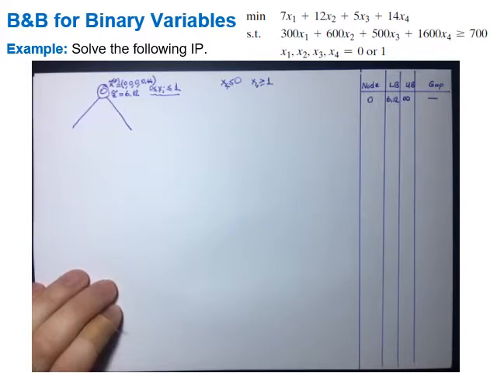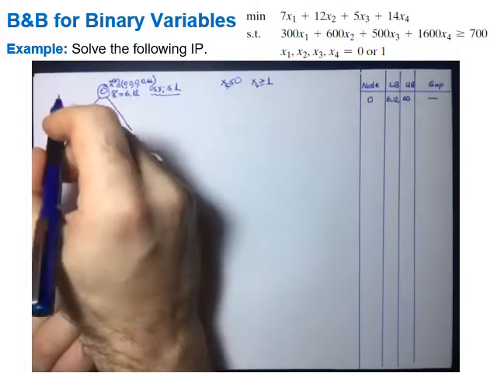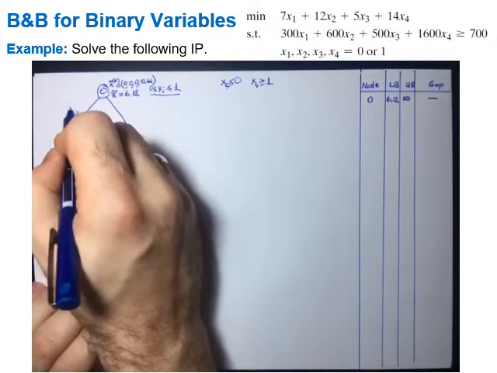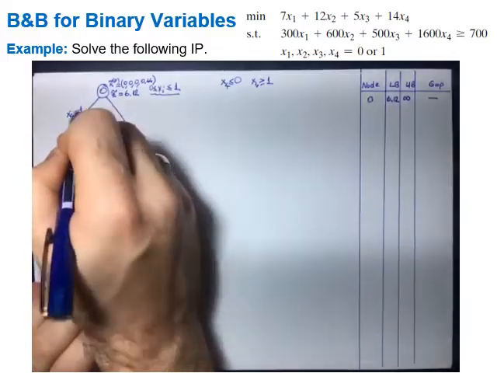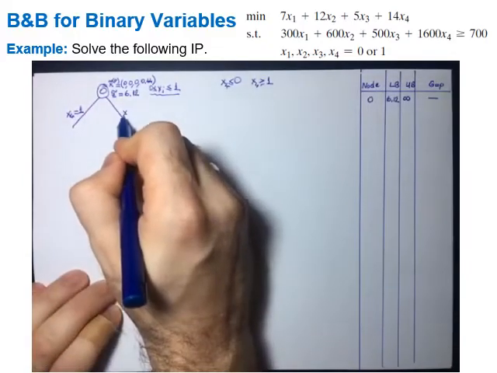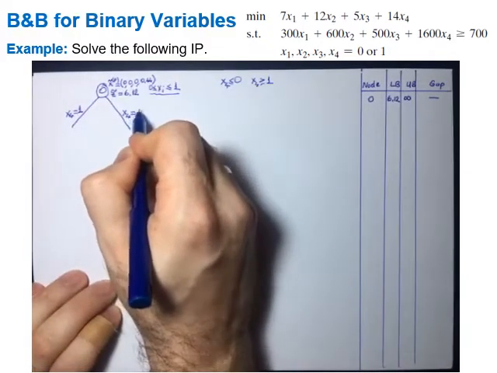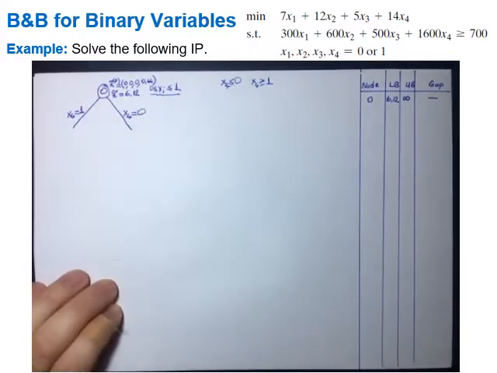We are setting the values of the decision variables. So on this side I'm going to write x4 equals 1, and on this side x4 equals 0. As I said, we are fixing its value. We are not saying it's greater than or equal to; we are saying that its value is equal to.